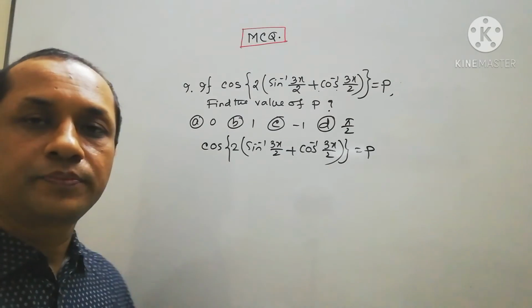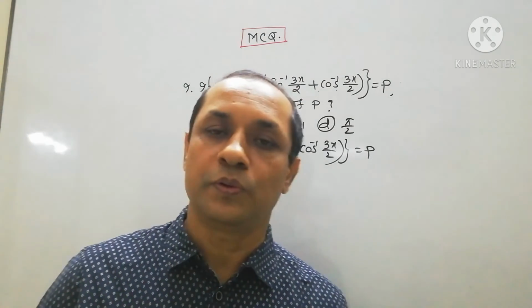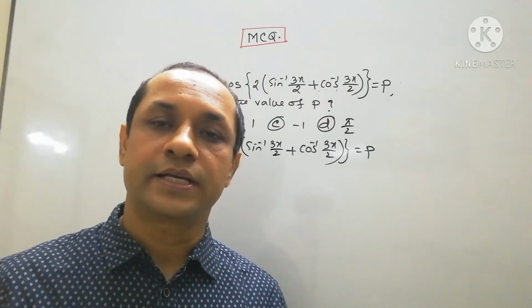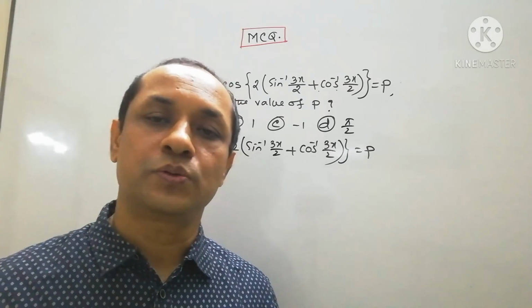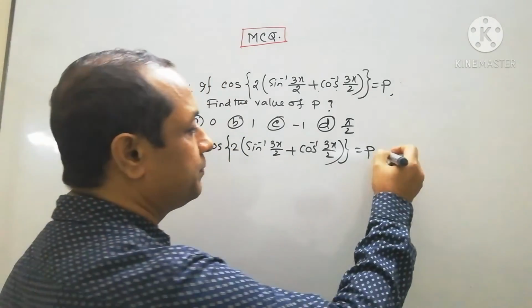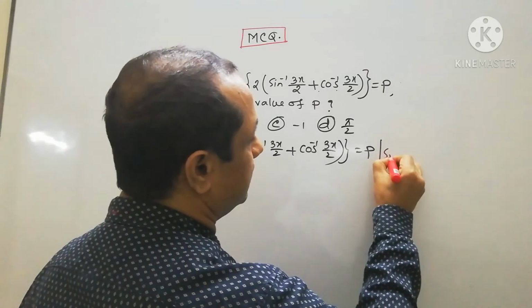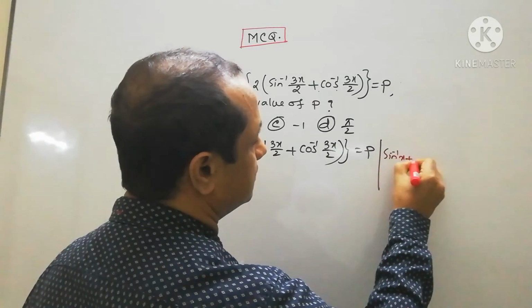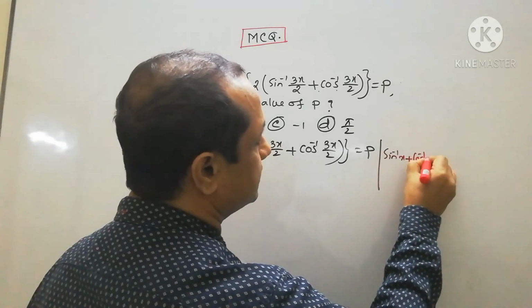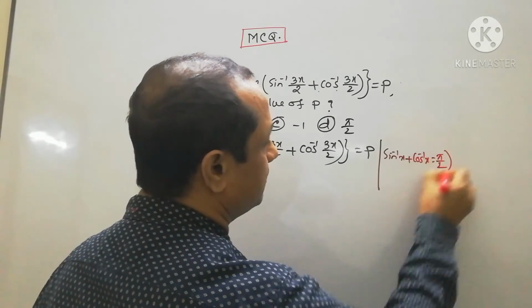Now you know sin inverse x plus cos inverse x equals pi by 2. This is the formula.